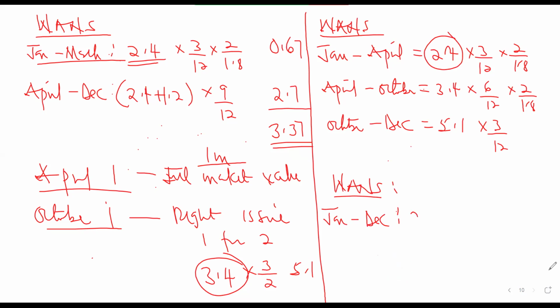So January to December, you have 2.4 multiplied by 2 over 1.8. You'll be having 2.67, isn't it? Yes. So the bonus fraction, the bonus issue on this one is 0.27. That is the first one.